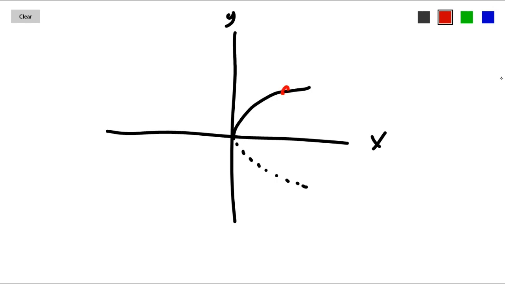So notice if I have a point on the graph, call that (x, y), if it is symmetric about the x-axis, if I were to point a line down to it and draw another point on here, then I'd have the same x-coordinate, but the negative version of the y-coordinate.